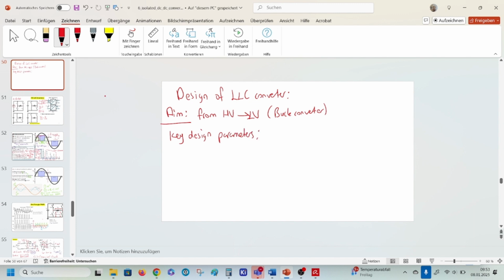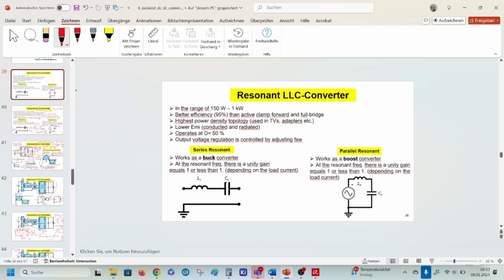We said that here we have the best efficiency. That means efficiency is very important. If you want a circuit that should have a high efficiency, then you should use, for example, LLC converter.